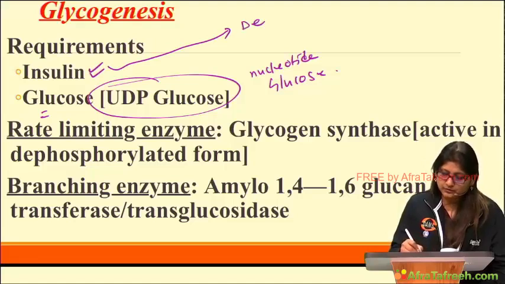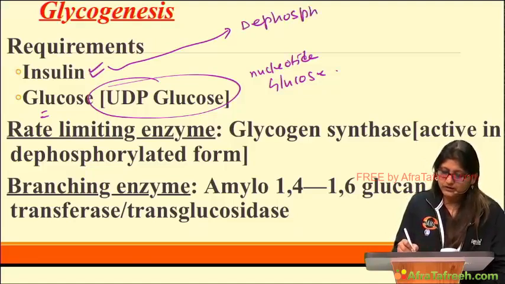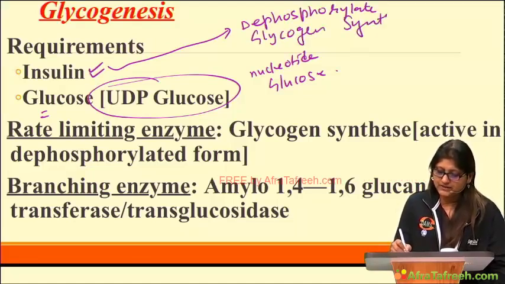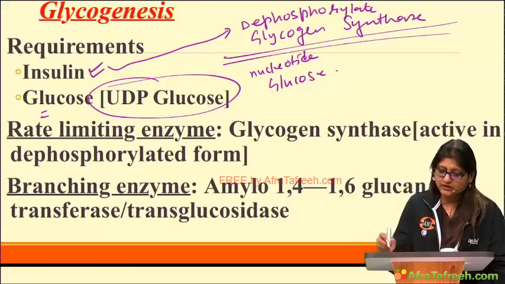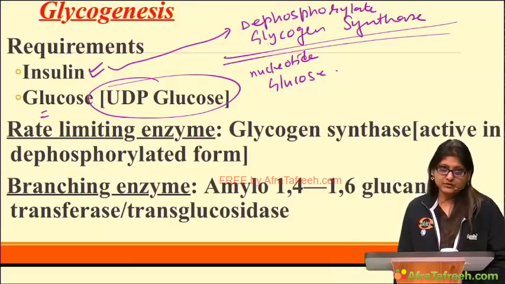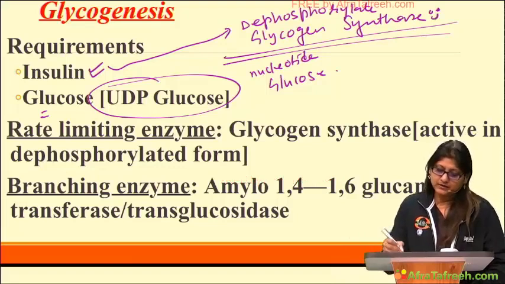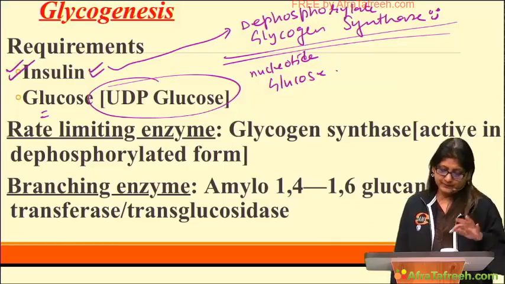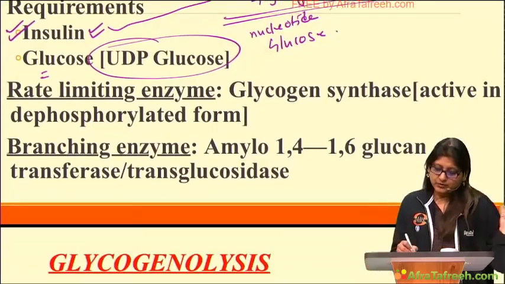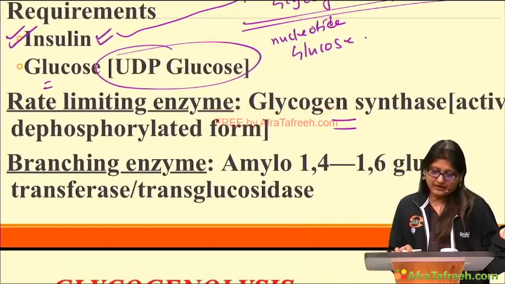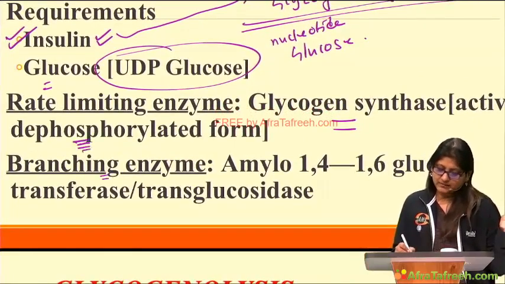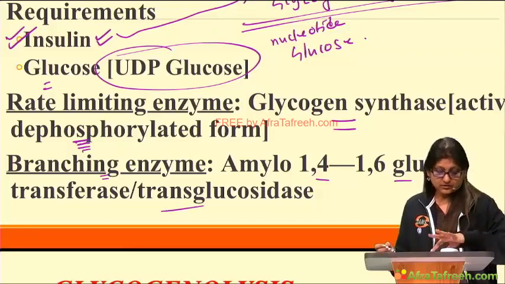Insulin is going to dephosphorylate glycogen synthase, which is the rate limiting enzyme, and this dephosphorylation of glycogen synthase is going to activate it. So in the presence of insulin, it is going to act. The rate limiting enzyme, I told you, is glycogen synthase, and it is active in the dephosphorylated form, right? And the branching enzyme is 1,4-1,6 glucan transferase or transglucosidase.